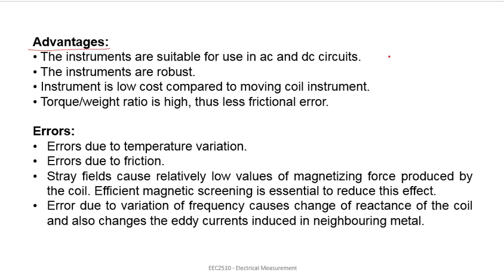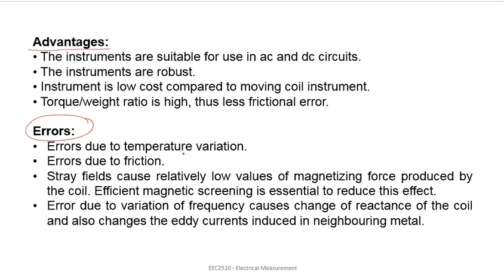One more thing is that it is also economic, that is, it has low cost as compared to the PMMC type instrument. And the errors due to friction are less in these types of instruments, since the torque weight ratio is high.